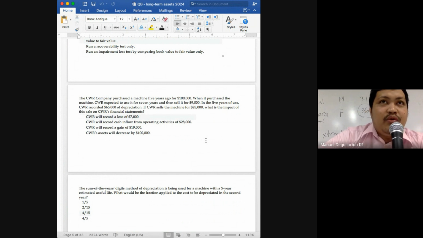Loss. Okay? In determining the loss, you just compare. The value in your books is 35, but how much did you get for the asset? Only 28. So you're short by 7,000. So that you will not have any loss, what should have been the price of the asset? 35. If you sell it for any price lower than 35, that would be a loss.